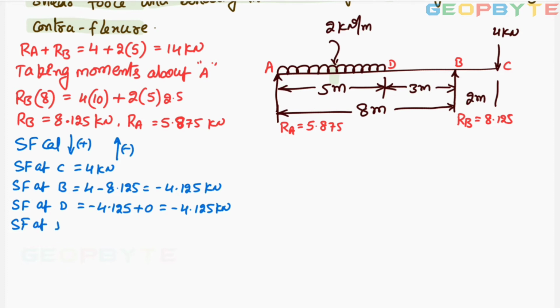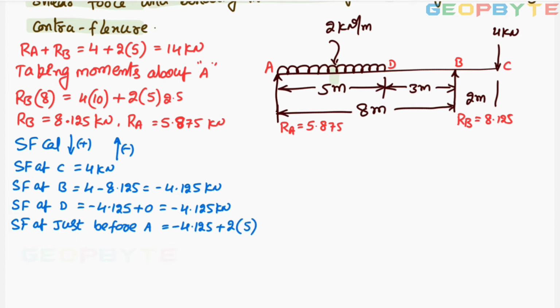Shear force just before A, because at A there are two effects. One is the UDL effect, the other one is the point load effect. For finding the shear force just before A, you should consider only the effect of UDL: minus 4.125 already is there, plus UDL multiplied by UDL distance, 2 into 5.